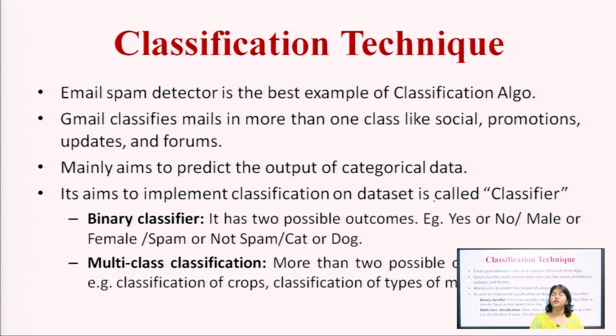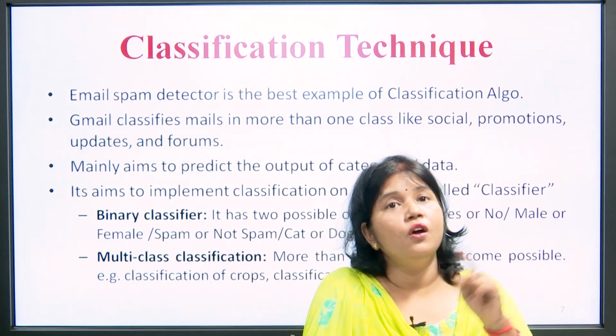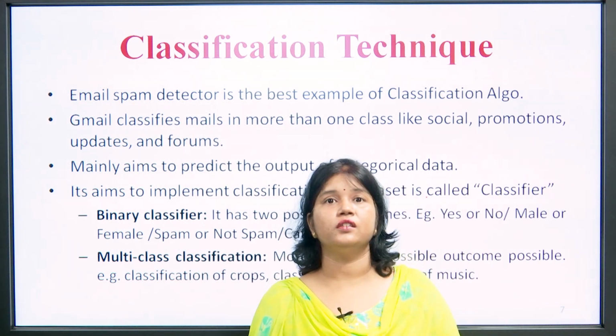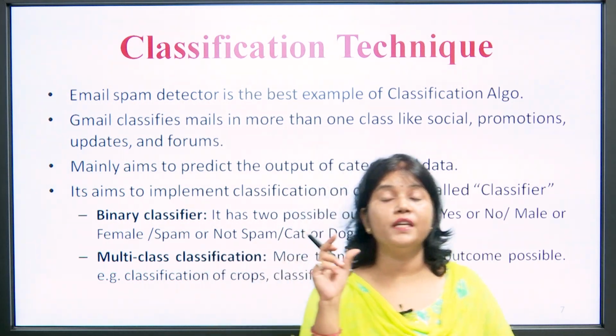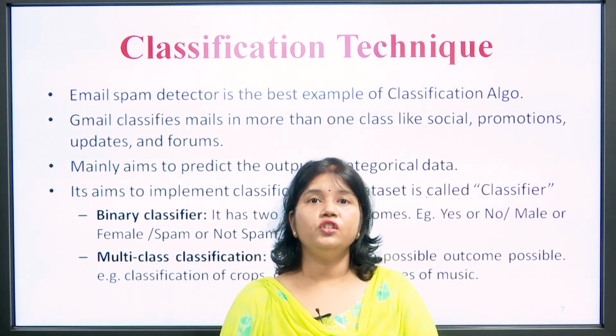Let us take another example on another slide: the email spam detector. Suppose some mail has arrived, and whether it goes into the spam or non-spam sector. This also comes under the heading of classification technique. The email spam detector is the best example. And now the Gmail classifier.